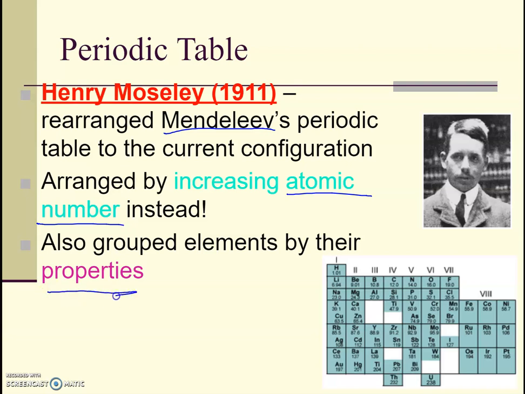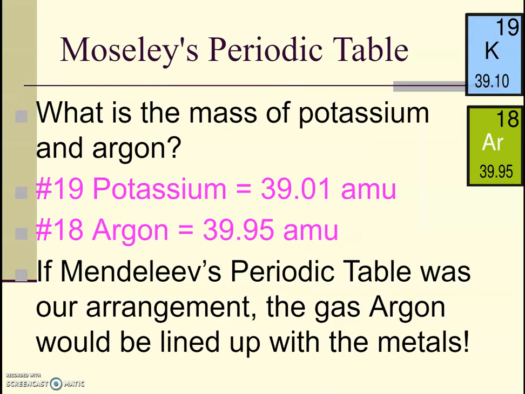Okay, and he also found that there were similar properties, and he left blank spaces as well for undiscovered elements like helium and that kind of stuff. He also found that you can't have an element that's lighter than hydrogen, which was a pretty important discovery at the time.